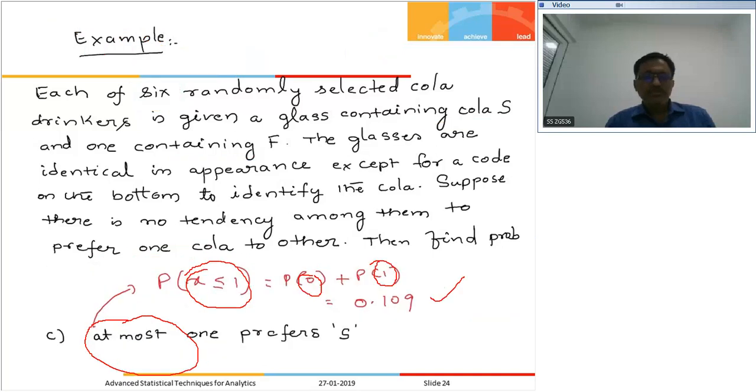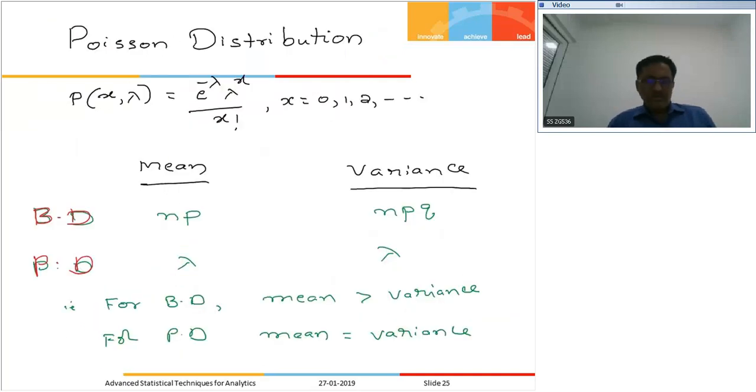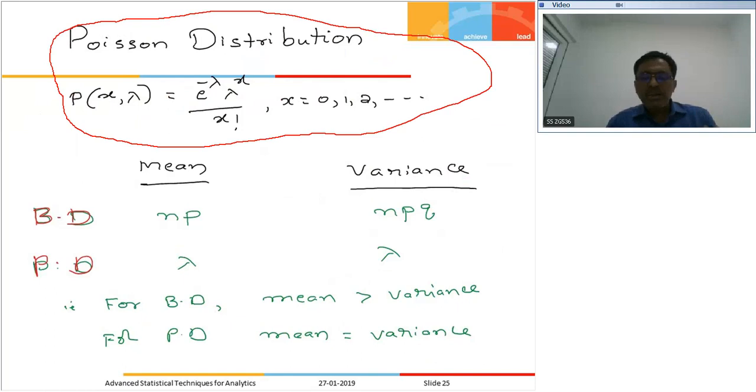Next is Poisson distribution. Poisson distribution is another distribution where its probability distribution function is defined as e power minus lambda, lambda power x, by x factorial. Here this lambda is called the parameter.